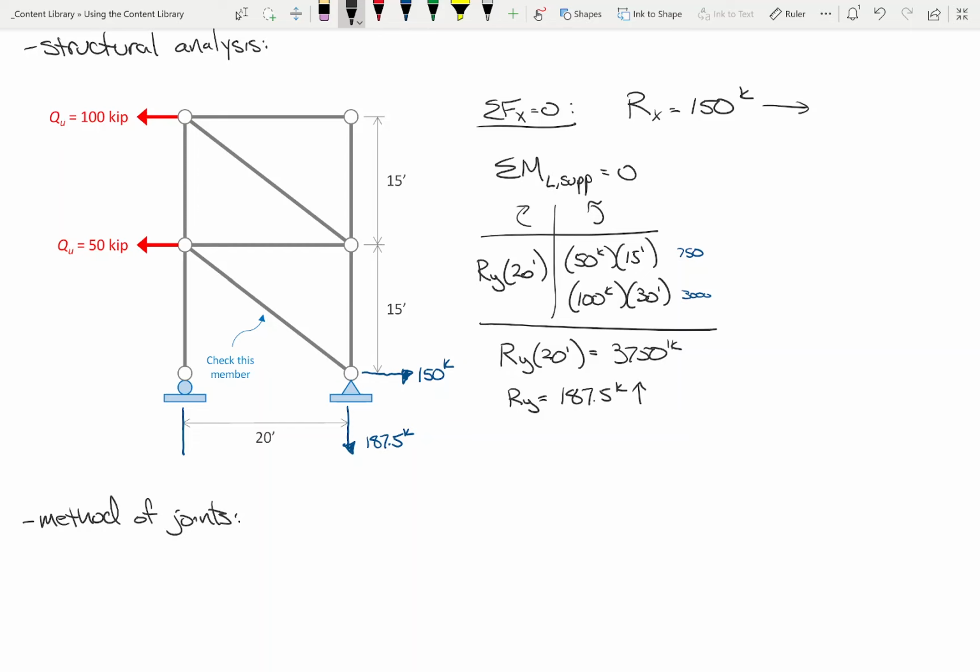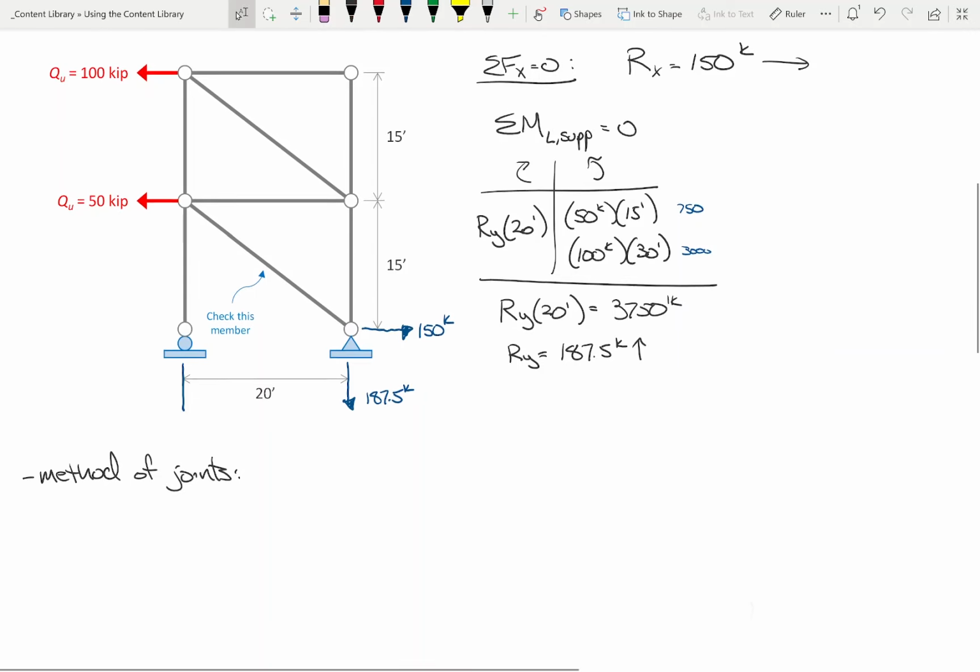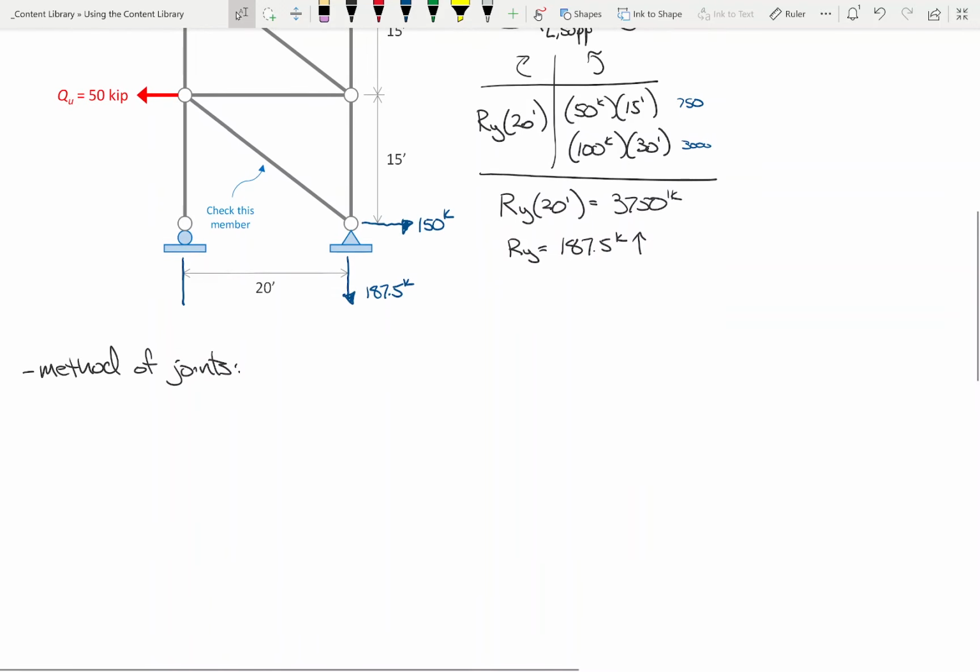And again, I want to make sure it's clear that this load and this load are already factored. So we don't need to do a 1.2 dead or a 1.6 live because these have already been factored. We are treating these as factored loads. So whatever the response is inside this member, it's already factored as well. Okay? Everybody okay with that? Okay. So let's see.